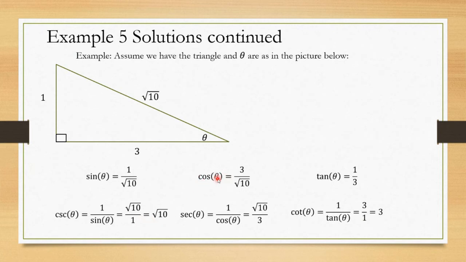Cosine of theta is adjacent over hypotenuse, 3 over radical 10. Secant is 1 over cosine, that's radical 10 over 3, you turn it upside down. Cotangent is 1 over tangent, so turn it upside down: 3 over 1, that's just 3.